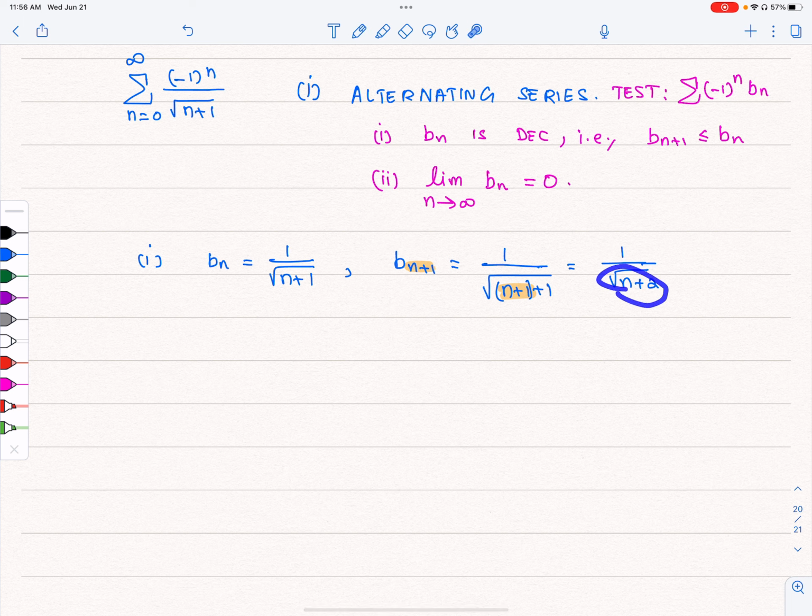So as n gets bigger and bigger, the whole value is going to get smaller and smaller. So you can clearly say 1 over the square root of n plus 2, which is b_(n+1), is strictly less than 1 over the square root of n plus 1, which is equal to b_n. So condition number one is satisfied.